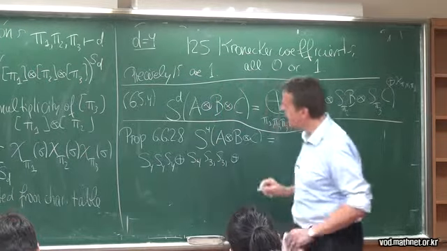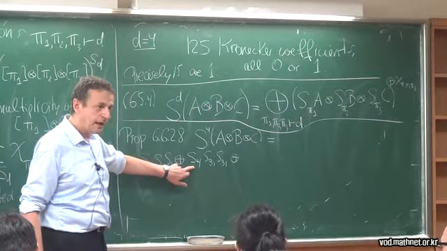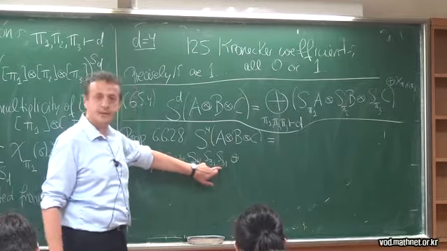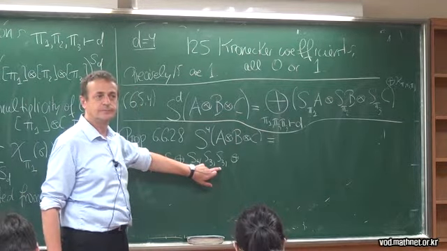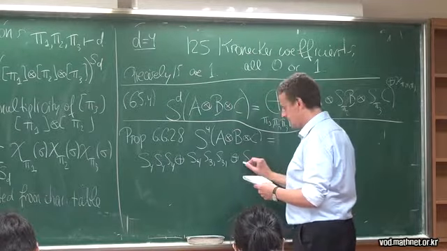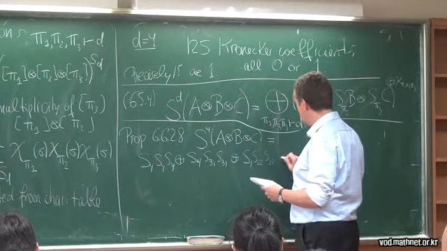So this is shorthand notation, right? By this I simply mean S4 of A, tensor S31 of B, tensor S31 of C. Okay? And then you go S4, S22, S22.